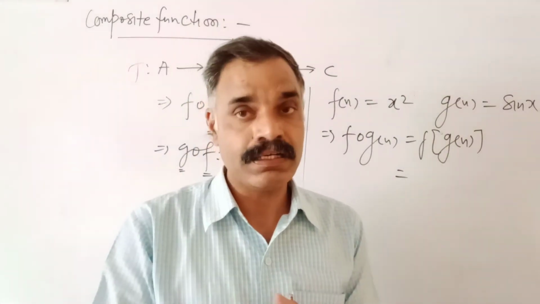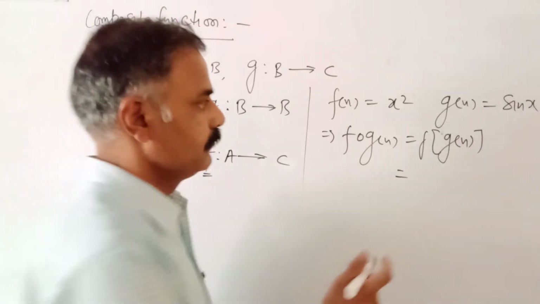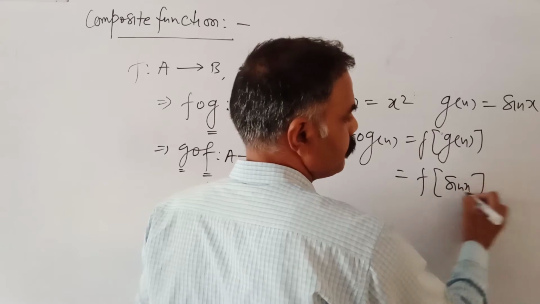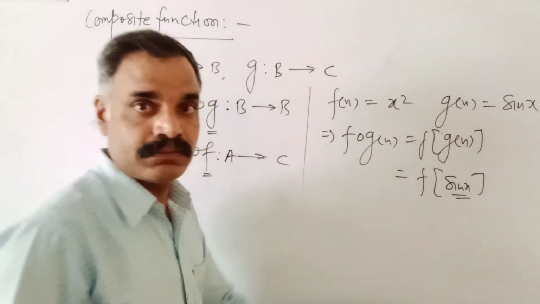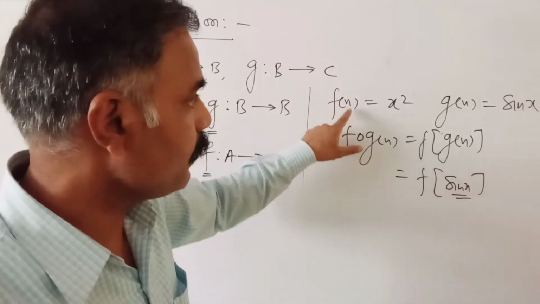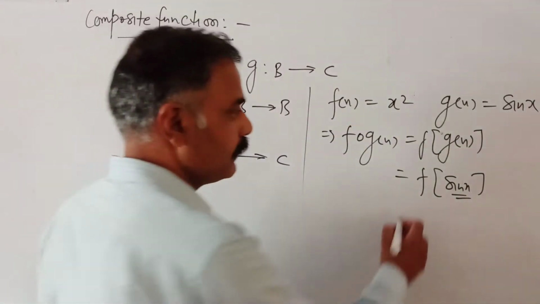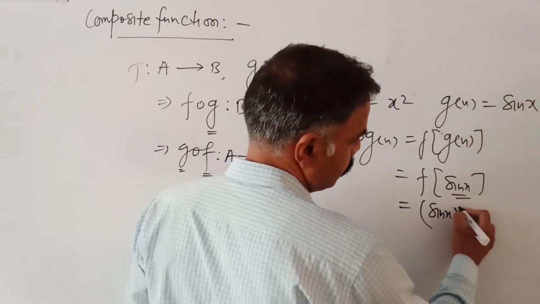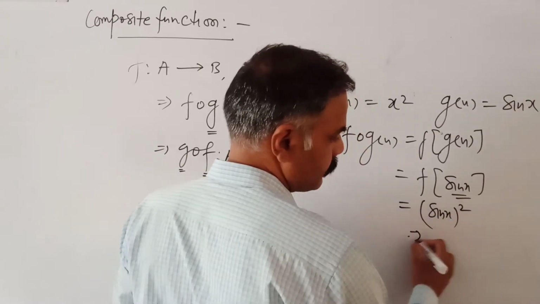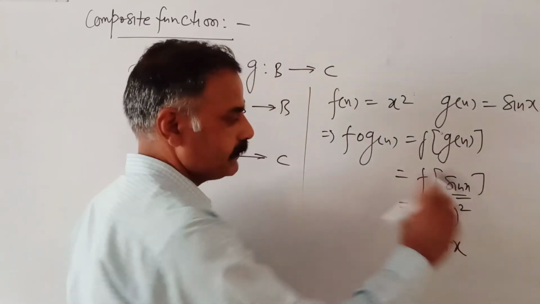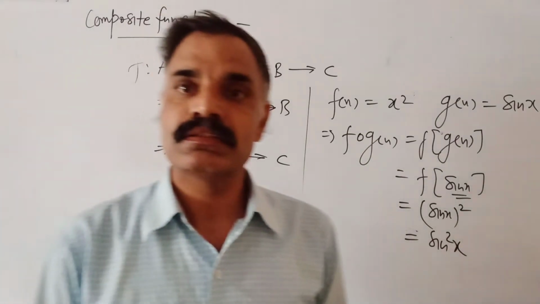So g(x) is sin x, and sin x is the element for f, and the image of x under f is x square. So the image of sin x under x square is sin of x square, meaning sin square x. So fog of x equals sin square x.